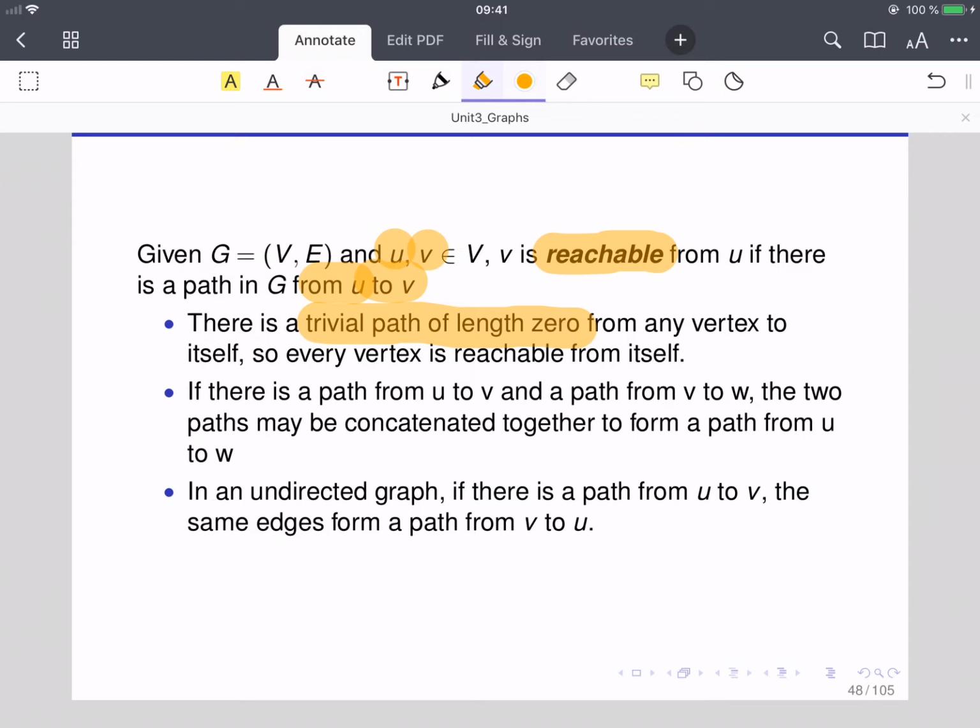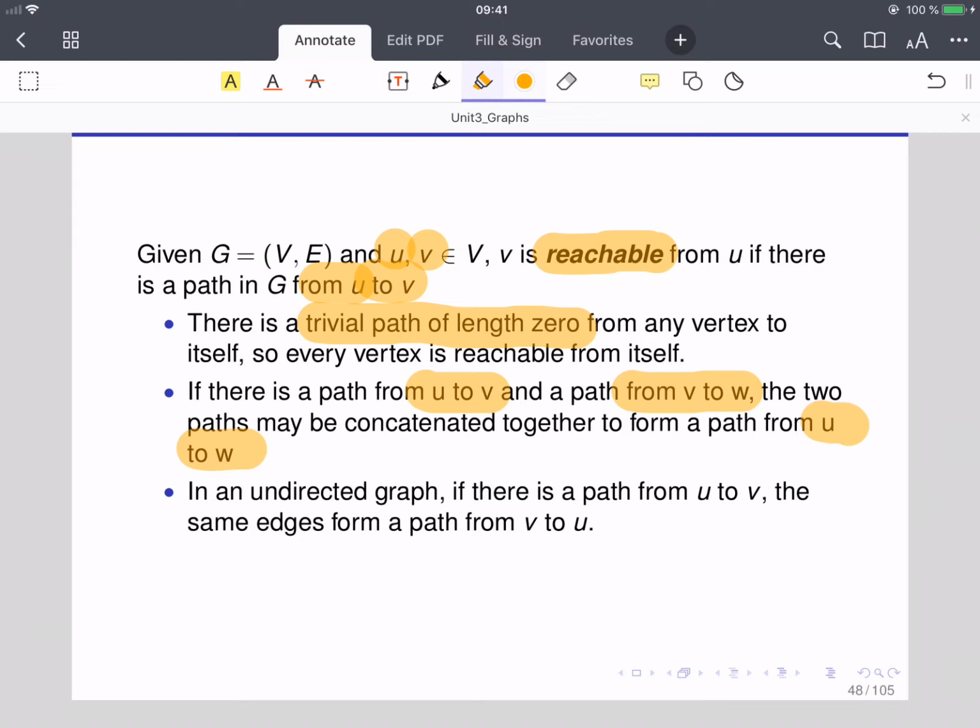Also, if we have a path from a vertex U to a vertex V, and then a path from the vertex V to another vertex W, then we can concatenate the two paths to form a path from U to W. So in this case, the relationship is transitive.